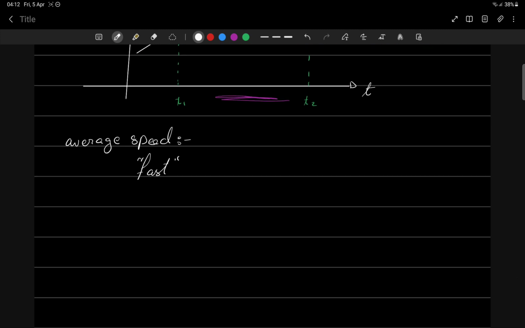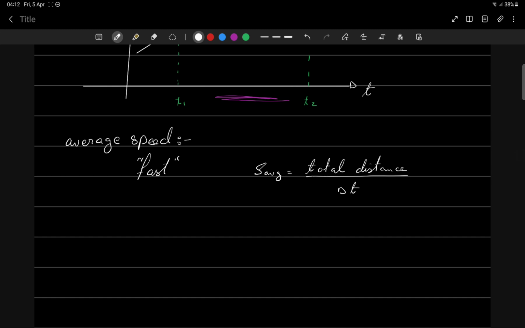And so average speed is just total distance, regardless of its direction, divided by total time, or by delta t, because delta t is the same in both of them.